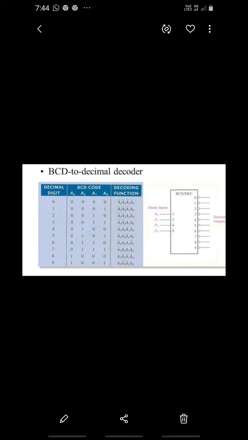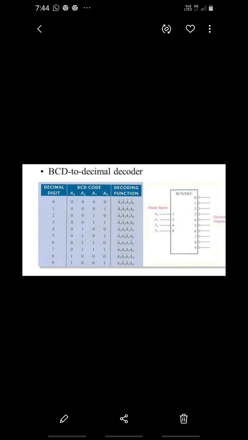Here n is equal to 4, so 2 power 4 is equal to 16 outputs, but 0 to 9 are the valid outputs in this decoder and 10 to 15 are the invalid outputs. So 0 to 9 means 10 decimal outputs.